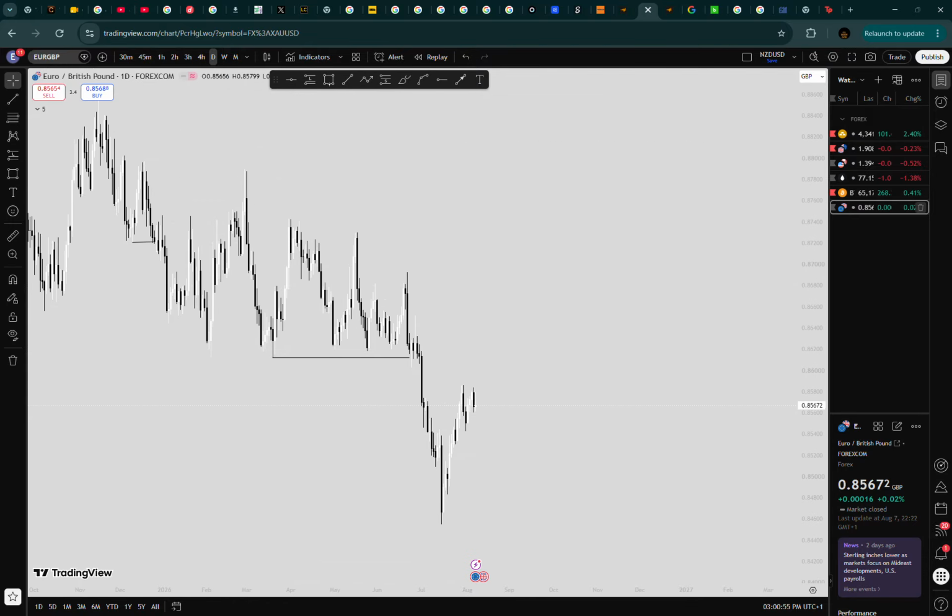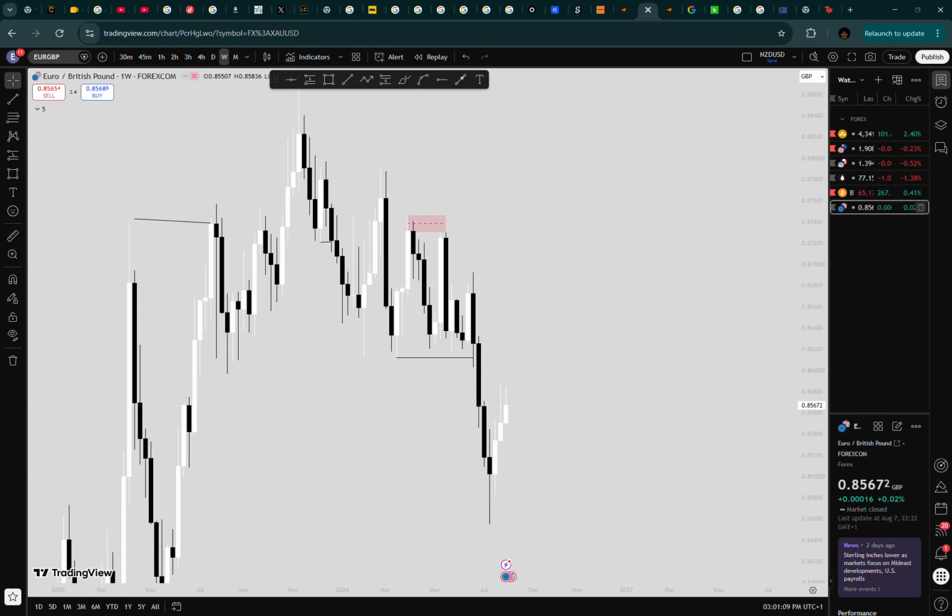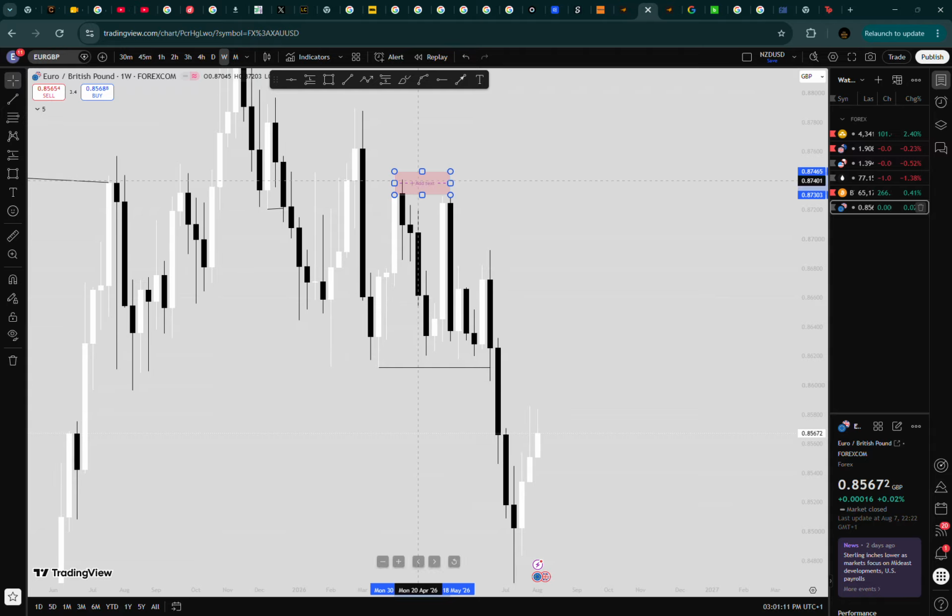I want to check where this current sell starts from. The sell starts from somewhere here. If you can't see the stuff very well, go to a weekly time frame. You understand?